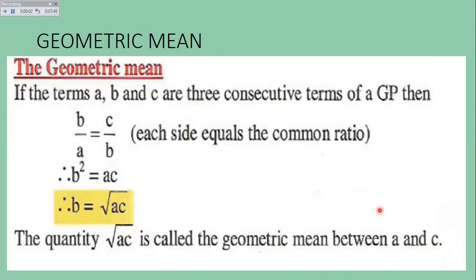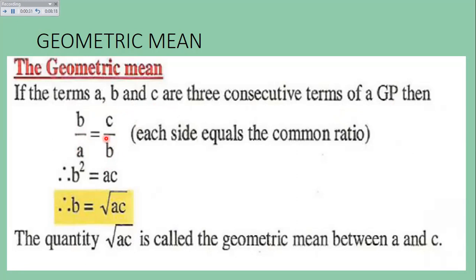Okay, the geometric mean. So let's look at a geometric mean. If the terms A, B, and C are 3 consecutive terms of a GP, then B over A is equal to C over B. All right.